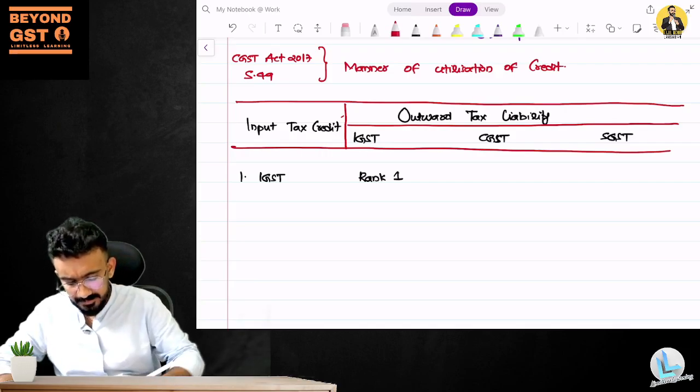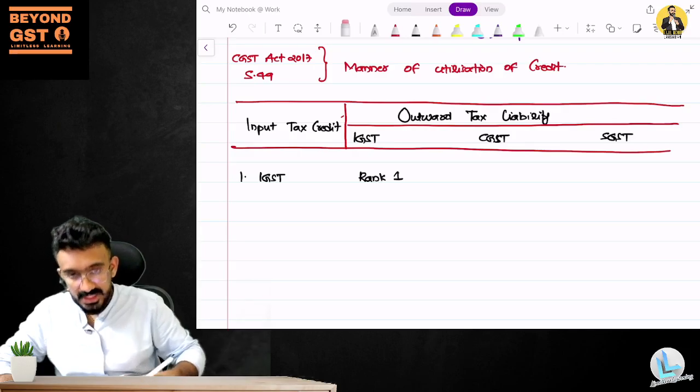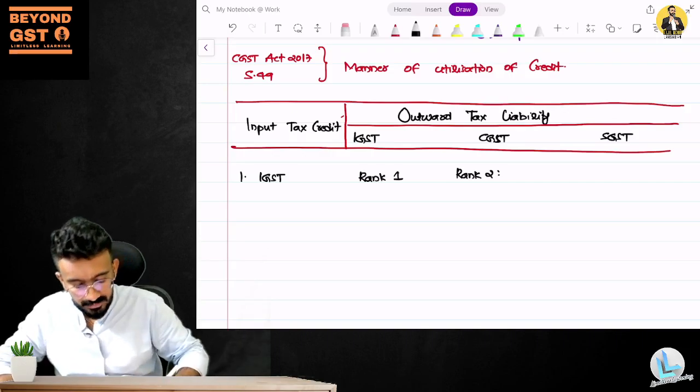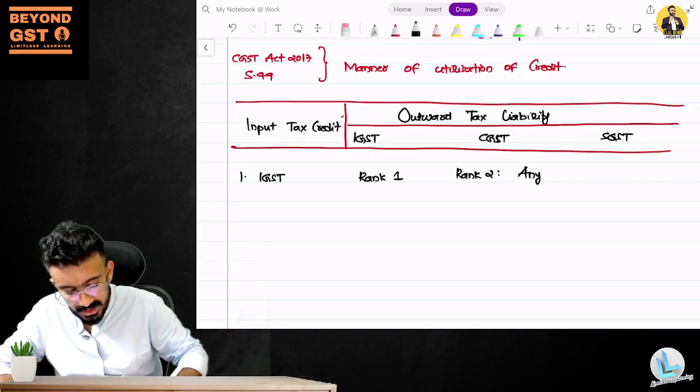And then they say you can utilize your IGST credit balance to pay CGST or SGST in any order. So rank number 2 would be again CGST or SGST in any order. Now, for the examination sake, how do you fix the order?